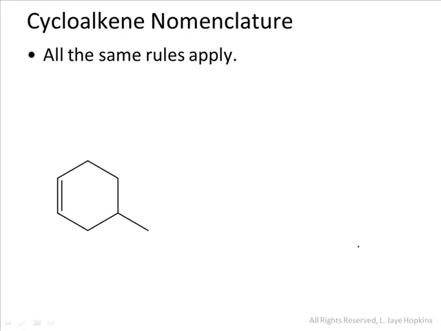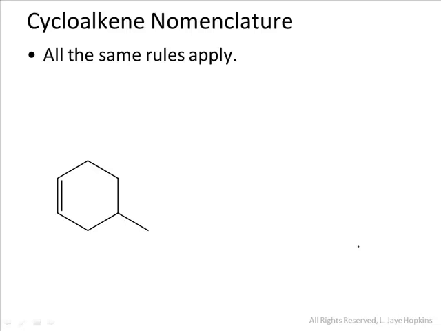It's very rare to run into triple bonds on cyclic structures, but double bonds on a cyclic structure, or a cycloalkene, are very, very common. Naming cycloalkenes is basically a combination of the rules we learned for alkene naming and the rules we learned for cycloalkane naming. For instance, let's name this molecule.